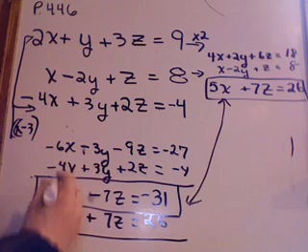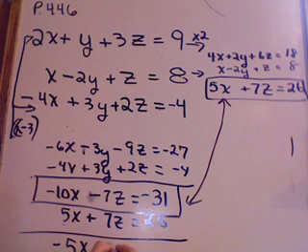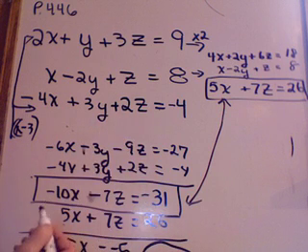When I add them together, the z's cancel. So I end up with -5x equals -5, right? Divide by -5. What do I get? X equals 1. There's one of the variables.